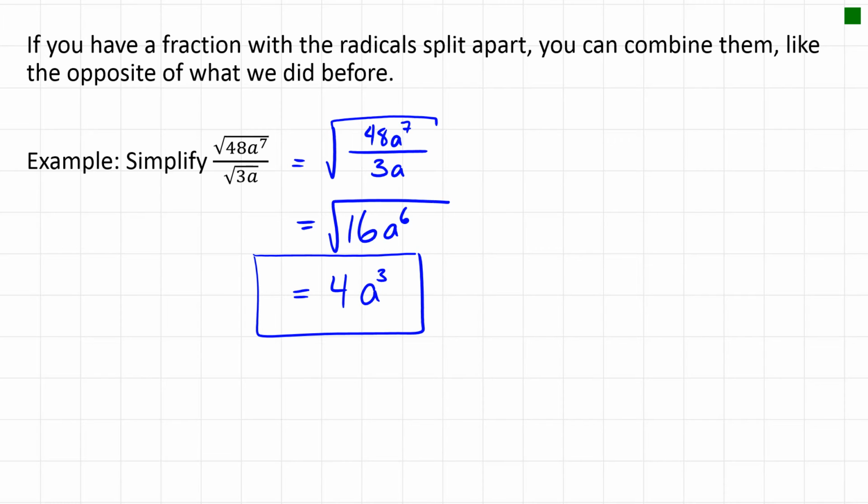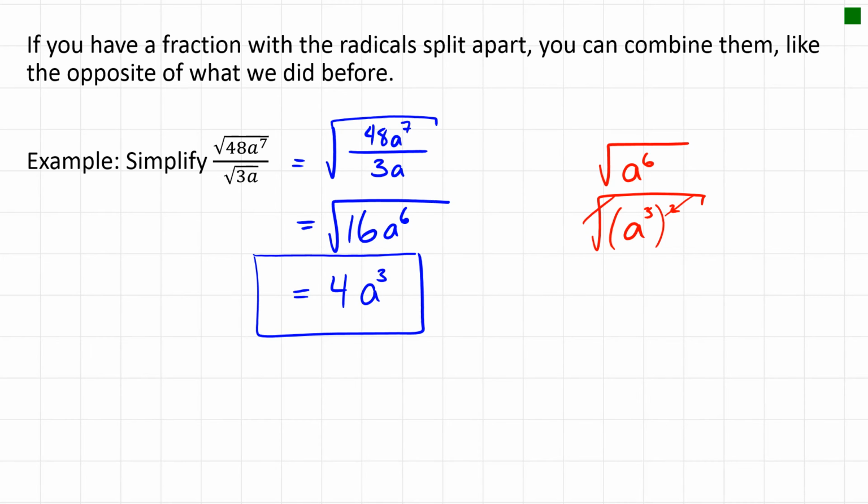So I want to take a moment, because as we're getting more and more comfortable with this, I'm doing these at a quicker pace. If you're still uncomfortable with the square root of a to the 6, what I really want you to think about is that when you're taking the root of a to the 6, what you're always doing is canceling a power of 2 with the radical.